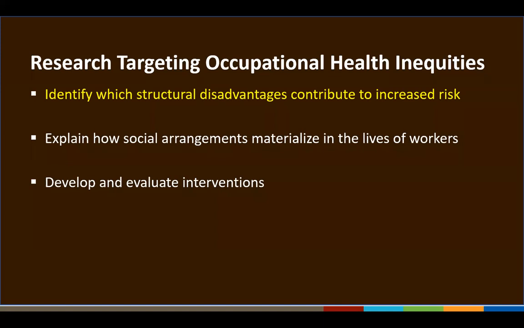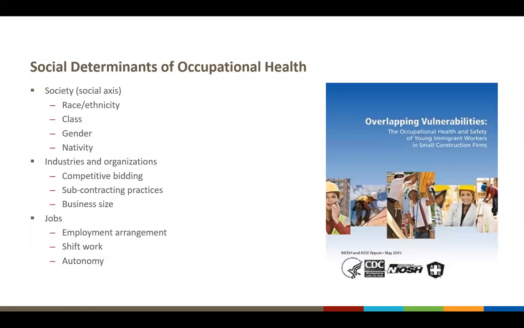And when we talk about research targeting occupational health inequities, there are three main areas of research that our program is involved with or promotes here at NIOSH and across occupational safety and health. The first is identifying which structural disadvantages contribute to increased risk for which workers, or basically, your standard epidemiology, right?